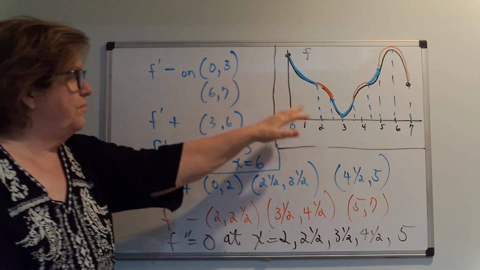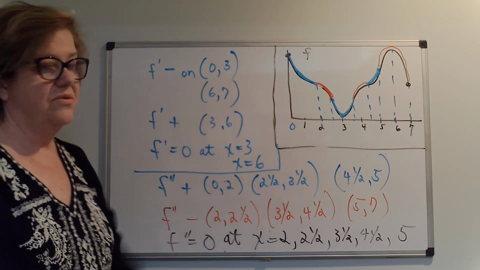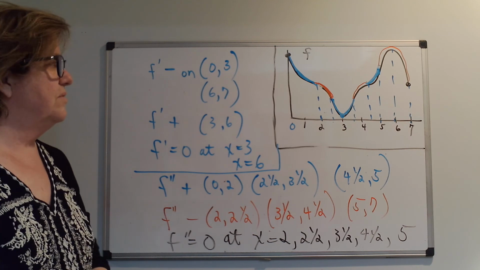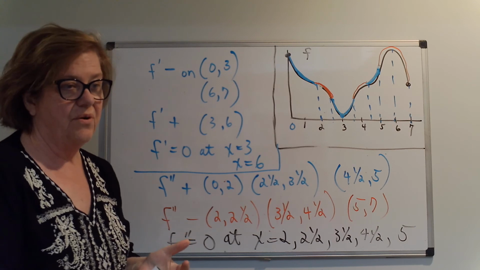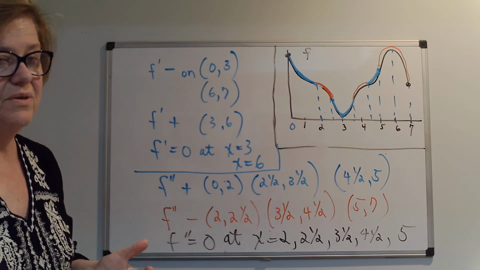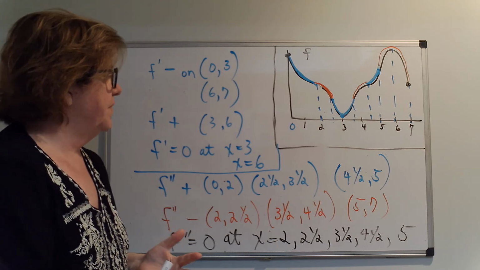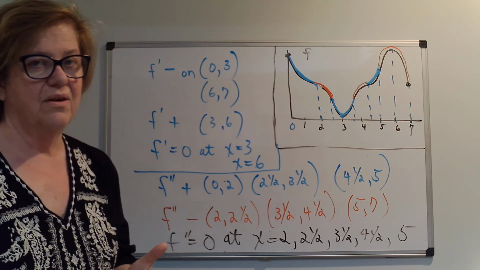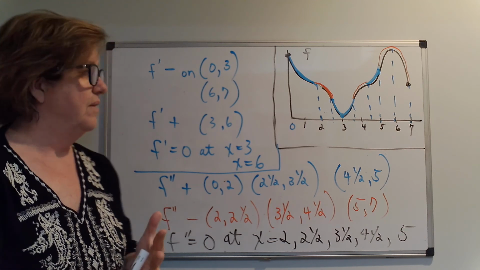So given a function f, here's the graph. This is all we can say about it. Where the first derivative is positive or negative corresponds to where the function is increasing or decreasing. Where the function is concave up or concave down corresponds to where the second derivative is positive or negative.